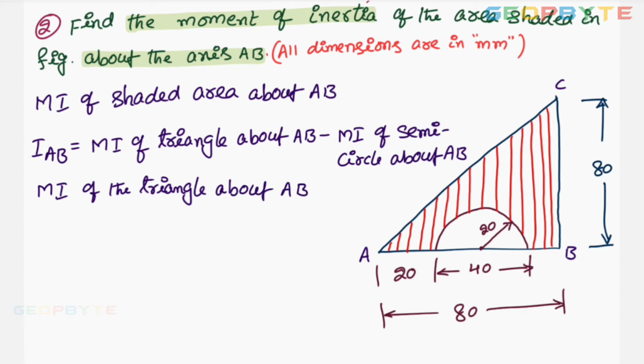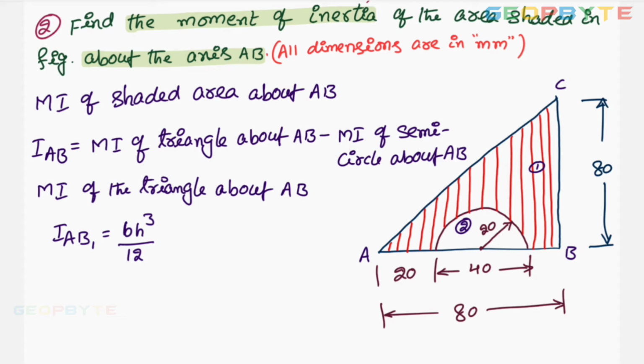Here AB means the base. IAB for the first section. Let this be the first section, this the second section. First section is a triangle. Triangle formula b h cube by 12.